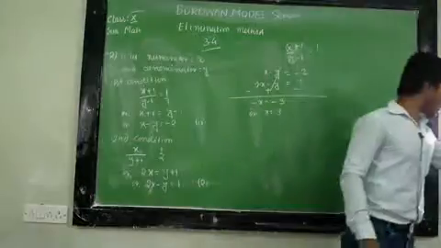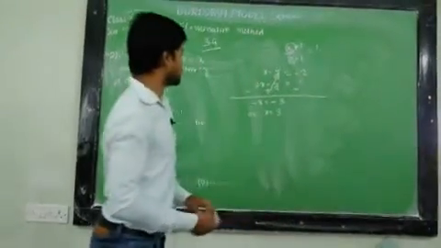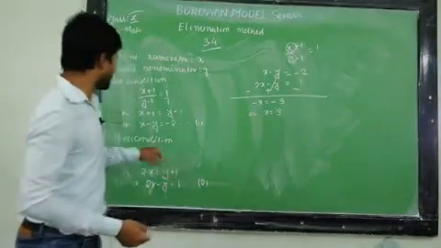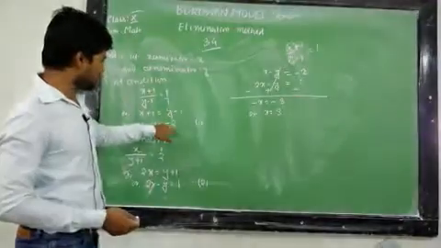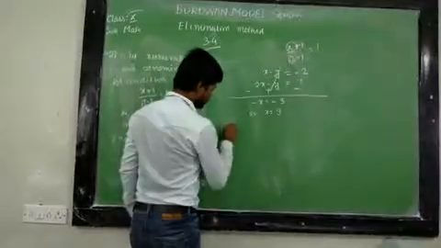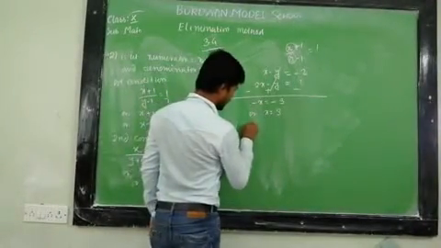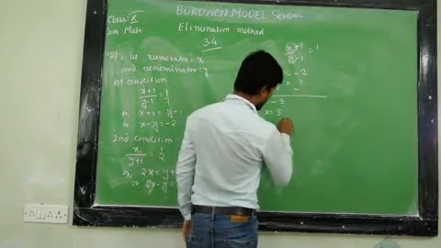Now we have to calculate the value of y. How? If you put x equal to 3 in either equation 1 or equation 2, we get the value of y. So we will calculate the value of y from equation number 1. Now put x equal to 3 in equation number 1.